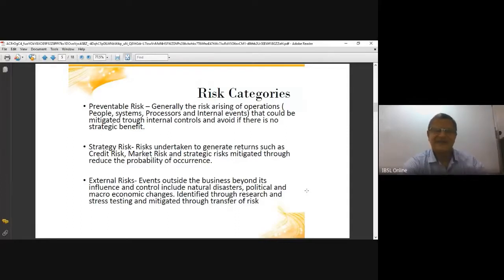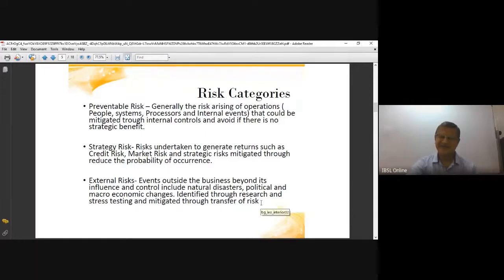I introduced something like natural disasters, political and macroeconomic changes. Now this COVID-19 has changed the economy to that extent. We have so many macroeconomic deviations. As a result, we face enormous risk in our day-to-day activities.